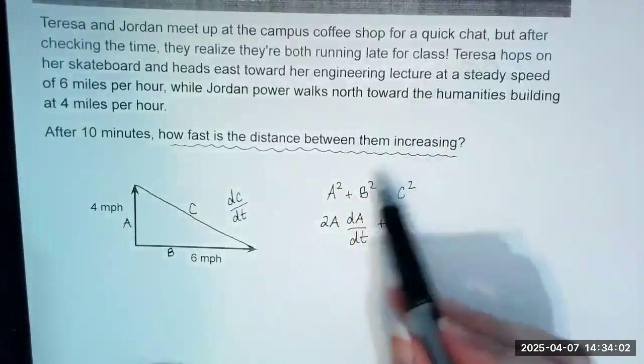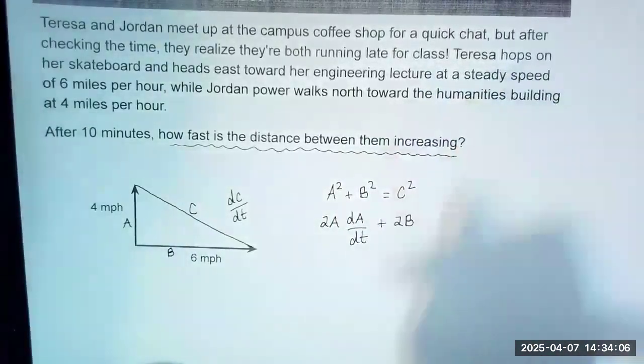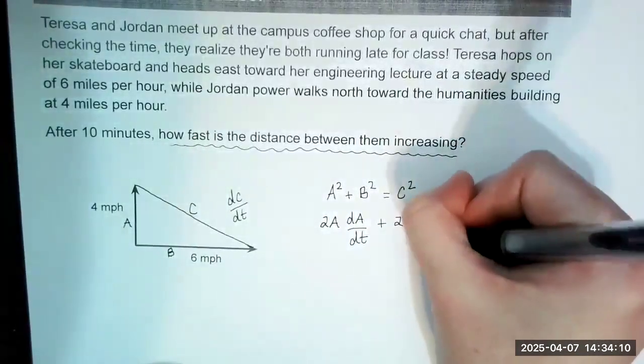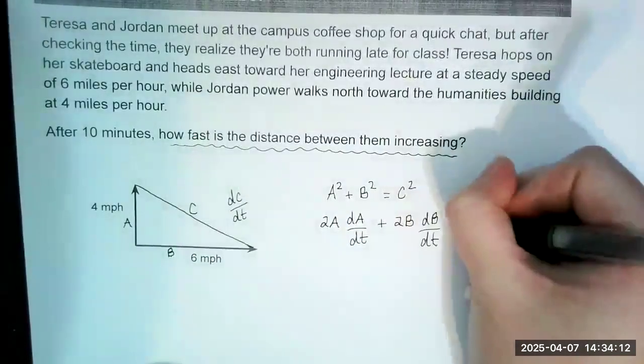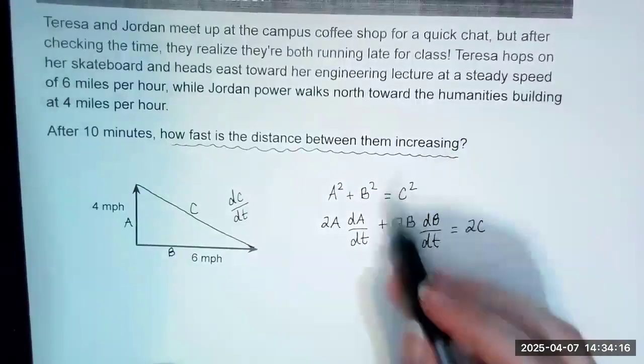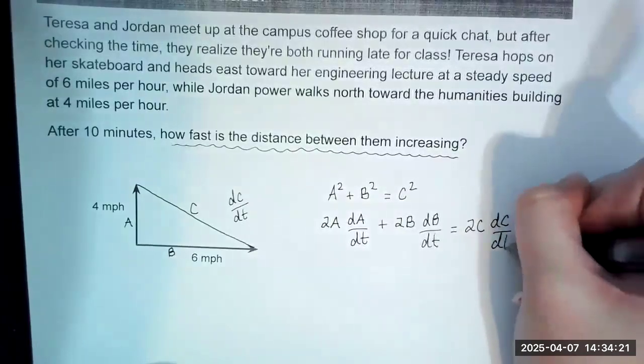And then plus, when I differentiate the b squared, I'm going to have 2b. And then when I differentiate with respect to time, I've got dB/dt. And finally, same thing for my c. I'm going to have 2c. And then differentiating with respect to time, dc/dt.